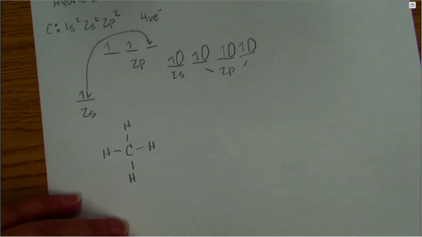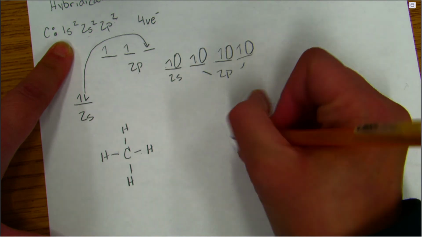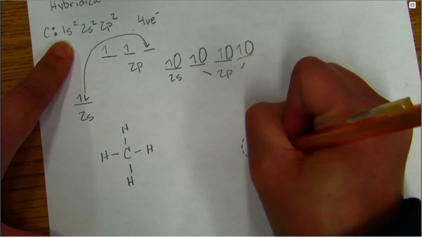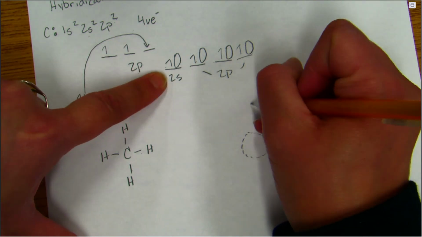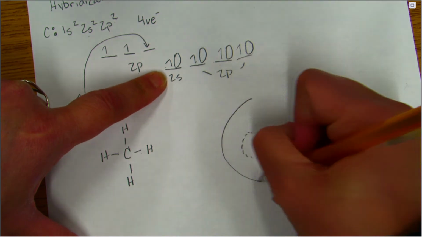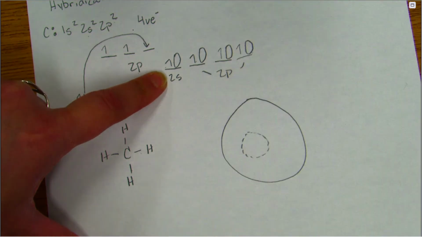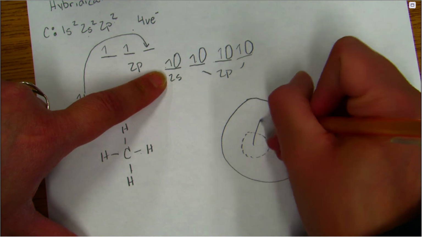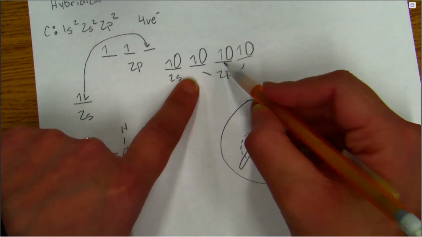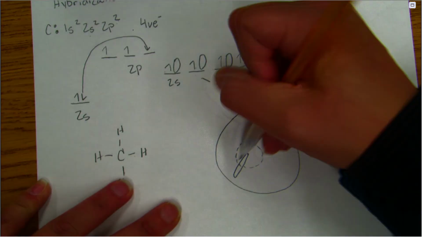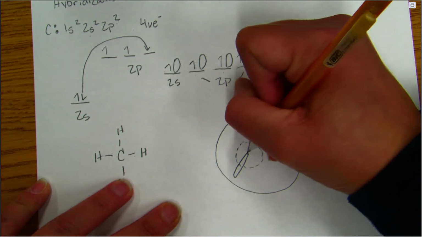So if we were to draw the hybridization of carbon, it has the 1s, which is spherical, and then we have the 2s, and overlapping the 2s is the 2p, and there are 3 different orbitals, so I have to draw 3 different p's.